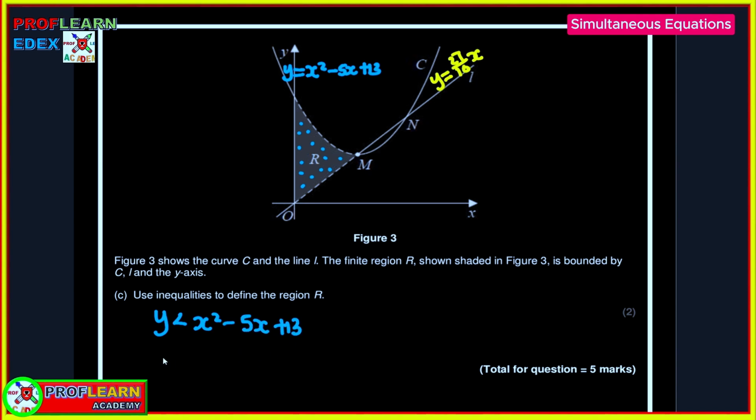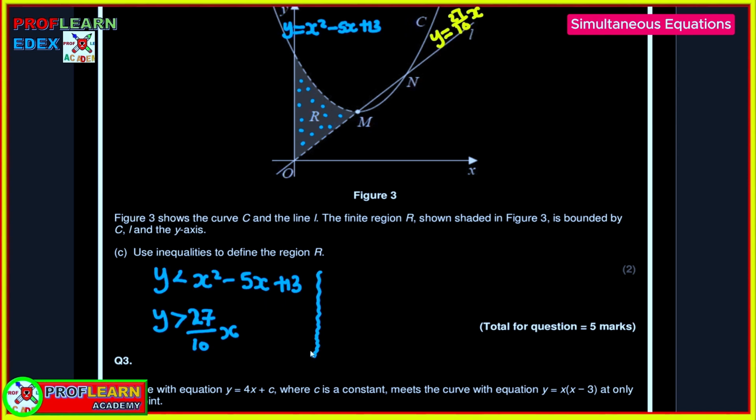Those are the first two inequalities. The other inequality is that we can see there are no values of x beyond the 0 value. So we have values of x greater than 0 but less than 5 over 2.